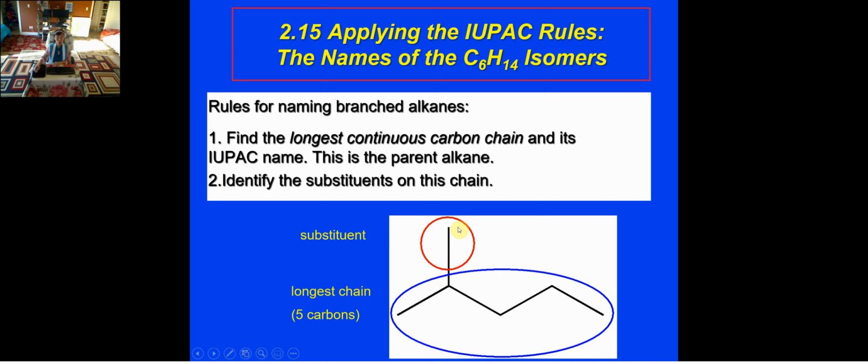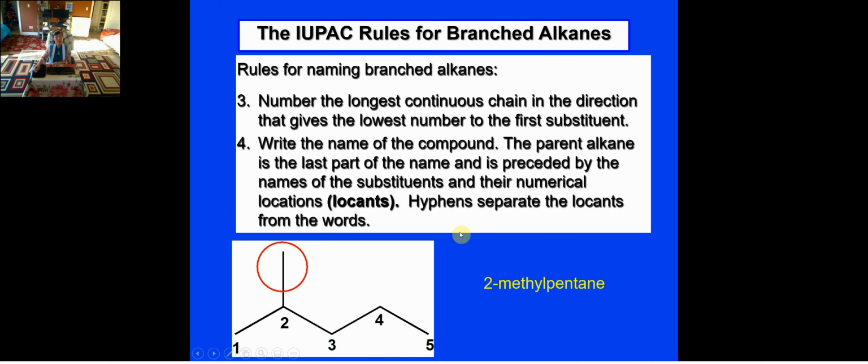This substituent will be named based on 2 parts. Number 1, you need to know where is the locant. The locant must have the smallest number. And then this group will be named from the parent. If you have 1 carbon, you call it methane. You change this methane to methyl.